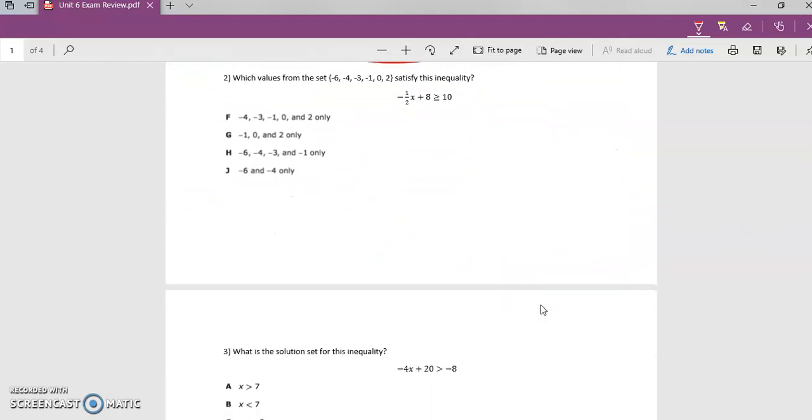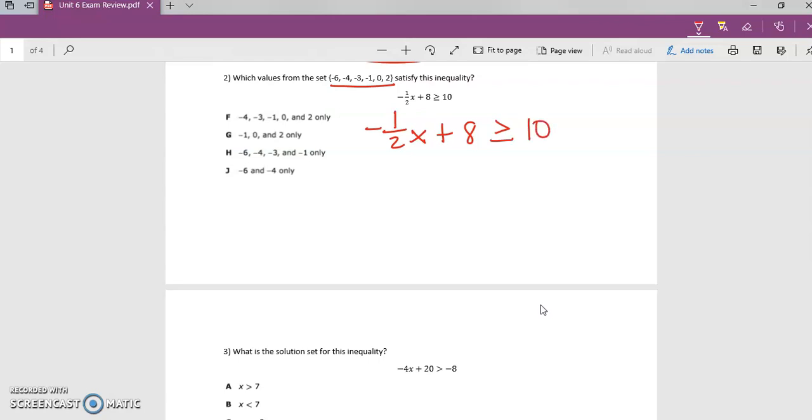Okay, now looking at number 2. It says which values from this set satisfy this inequality. So they're giving us specific numbers, and they want to see which ones are possible solutions for this inequality. It's negative 1/2 x plus 8 greater than or equal to 10.